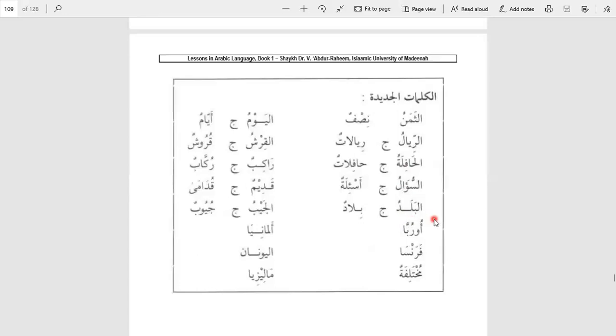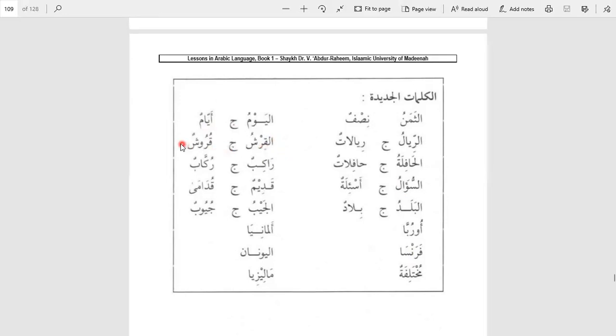As'ila, questions. Balad, bilad, countries. Uruba, Europe. Faransa, France. Mukhtalifa, mukhtalifatun, different. Malaysia. Al-Yunan, Greece. Almania, that's Germany. Al-yawm, ayyam, that's days.